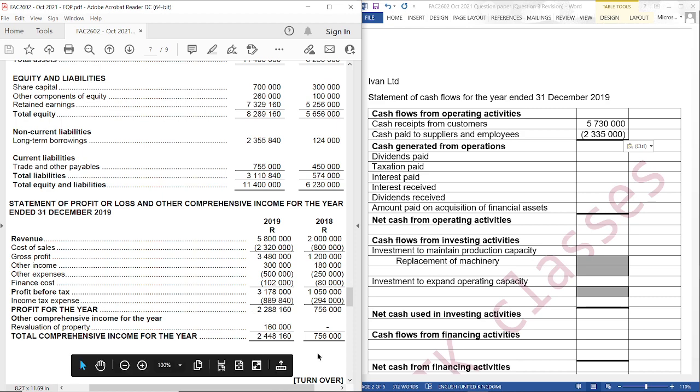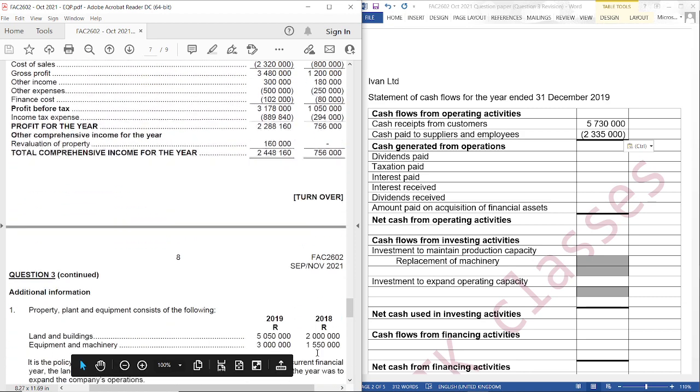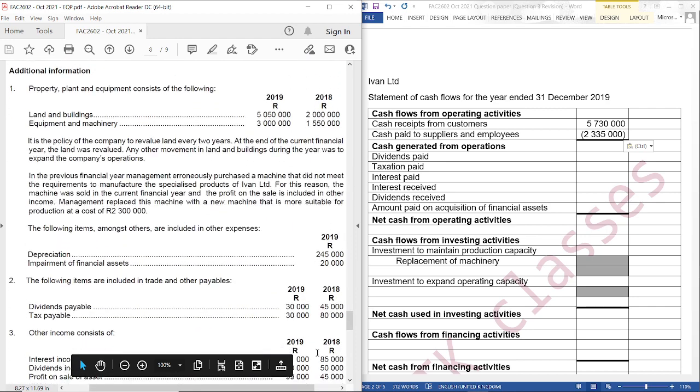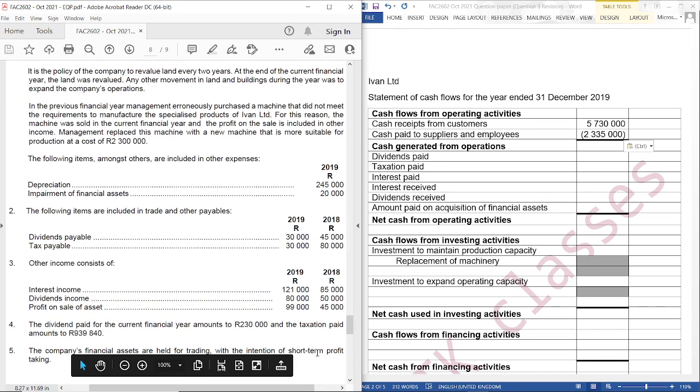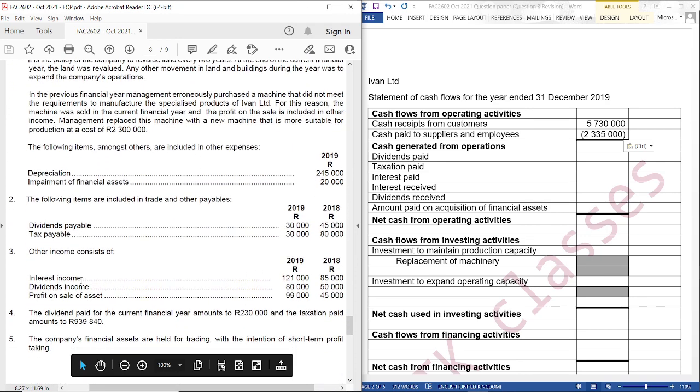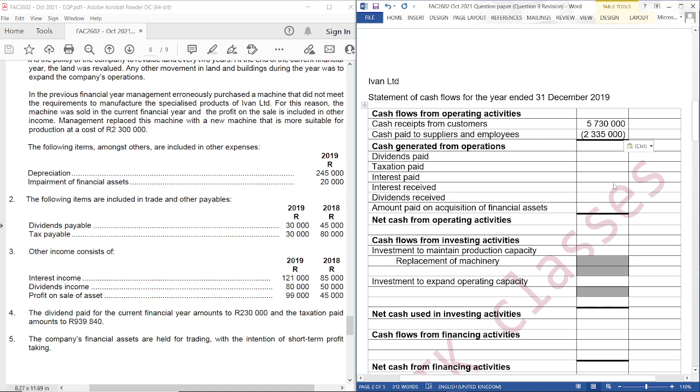Let us see what other income consists of. Other income consists of interest income. Interest income is shown separately as interest received on the face of our statement of cash flows. Dividends income, we also have dividends received here separately. Profit on sale of asset, this is a non-cash item, right?